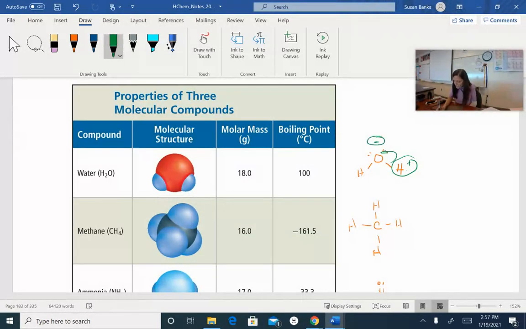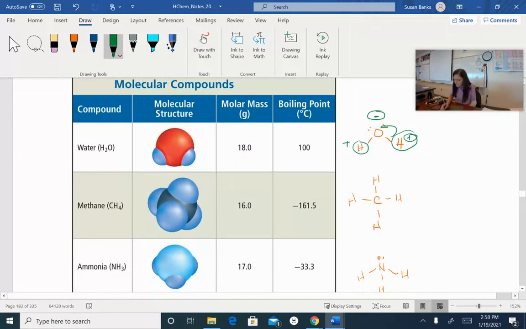So we've got a very negative end here and we've got a very positive end out here, okay? So we have very, very strong hydrogen bond dipoles going on, okay? And notice that bent polarity makes that negative end very off by itself and the positive end pretty off by itself as well, okay?